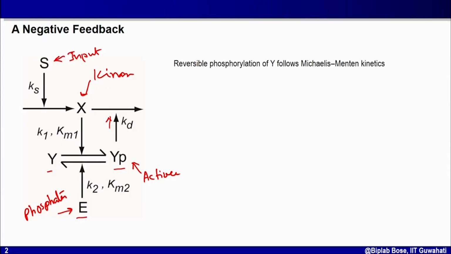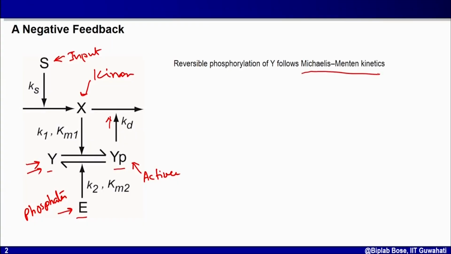Before we move further, let us create a mathematical model using ODEs for this system. Before we proceed, let me assume that for this reversible step, Y to YP, I have two reactions, Y to YP controlled by X and YP to Y controlled by E. Let us consider that these two steps follow Michaelis-Menten kinetics.